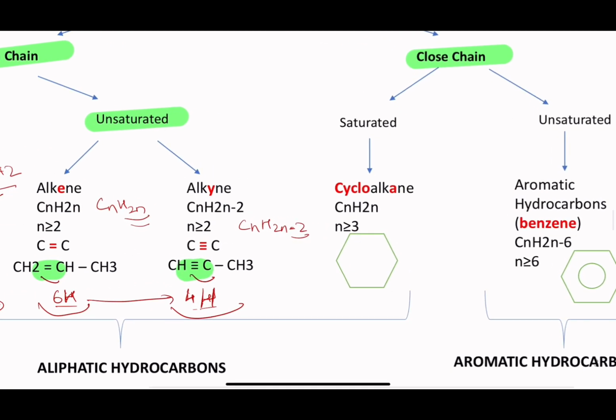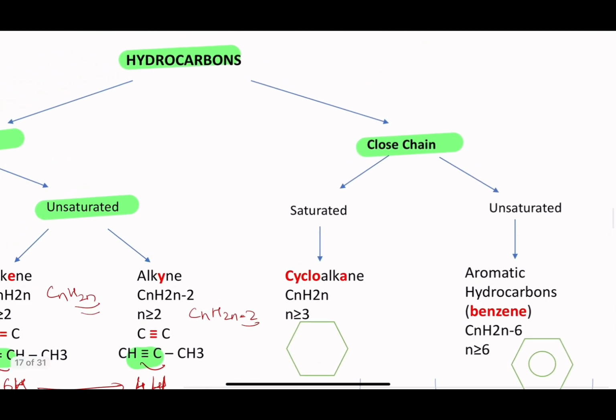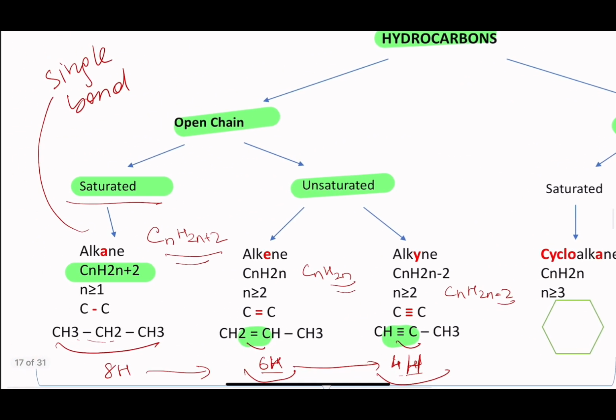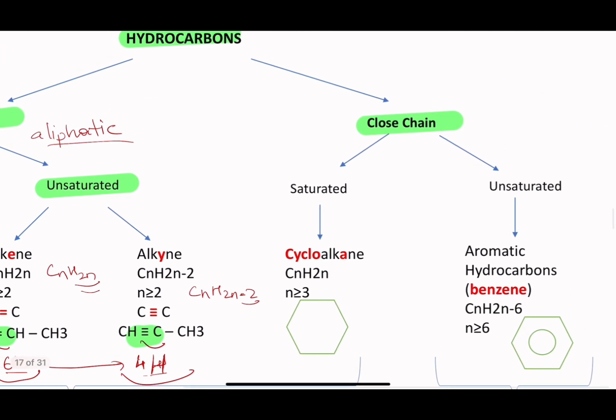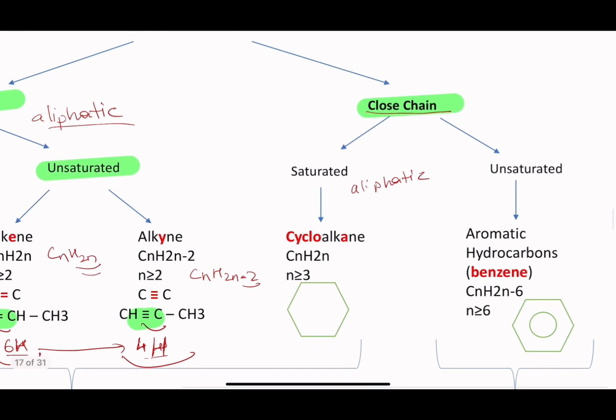So now we're gonna look at the closed chain ones. These guys overall, they're all open chain, they're all aliphatic. Okay. But now in here we have a closed chain. The one on the left is aliphatic, and the one on the right is aromatic.